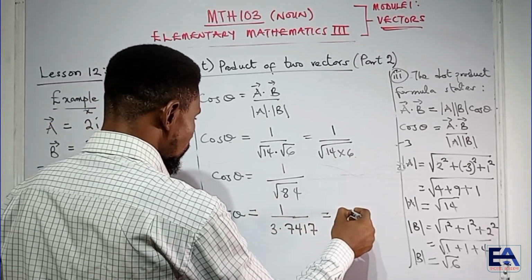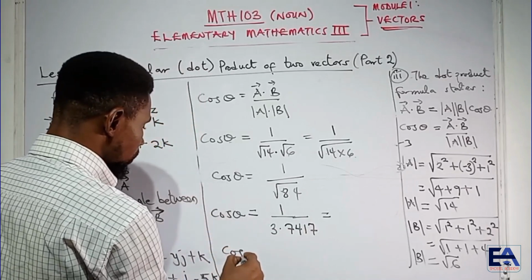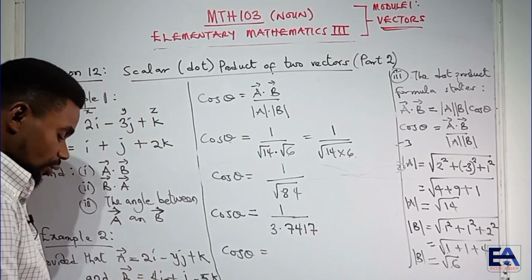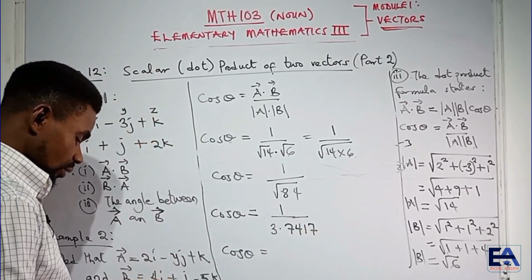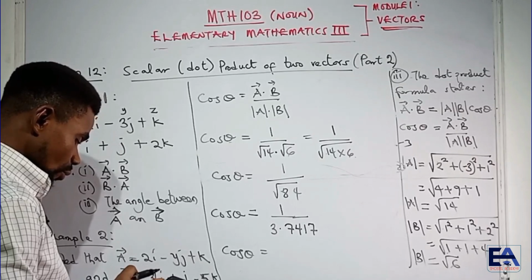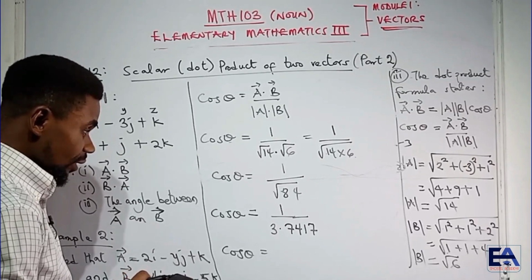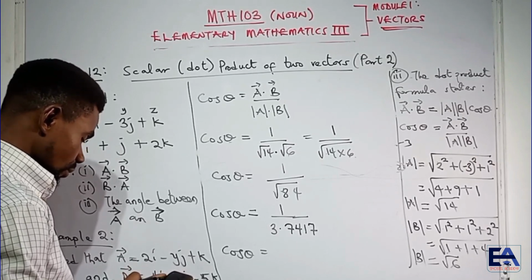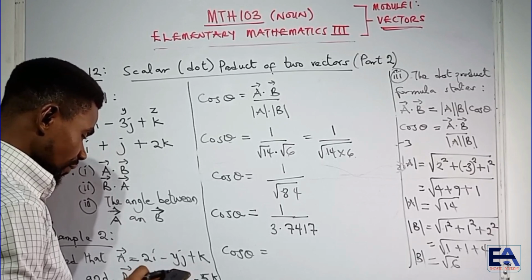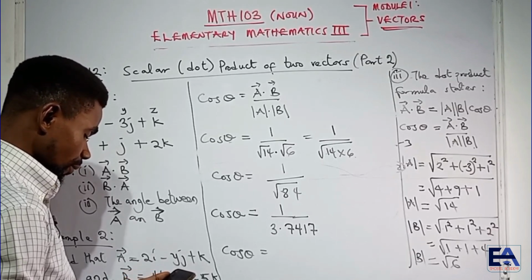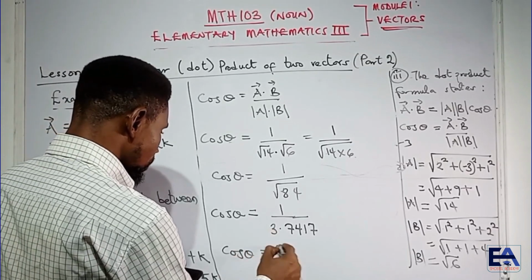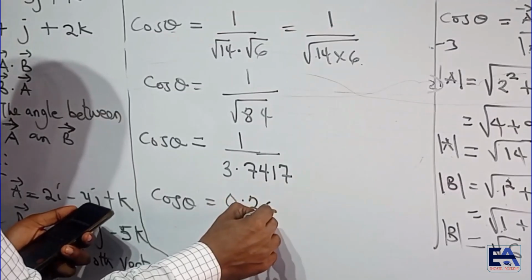And so we have cos theta is equal to the result of this division, that is 1 divided by 3.7417. So 1 divided by that result gives 0.2673.